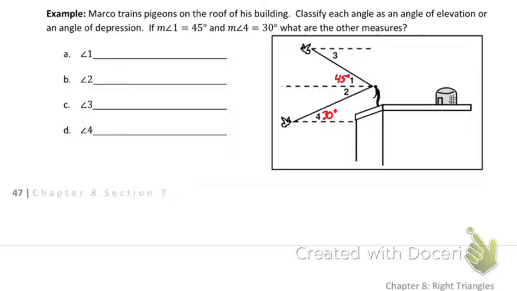Okay, Marco's on the roof. He's looking straight ahead and then he looks up at his bird. That's angle 1. Would that be angle of elevation or angle of depression? Kate? That would be elevation. We're going to put angle 1 equals 45 degrees, and that is elevation.